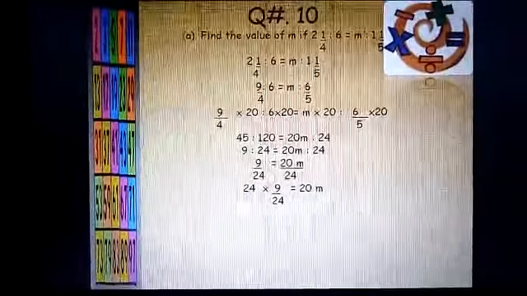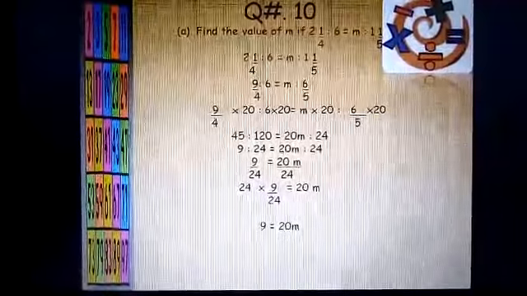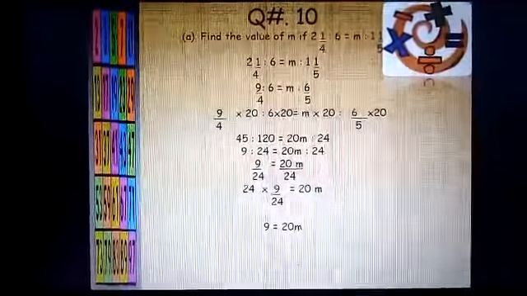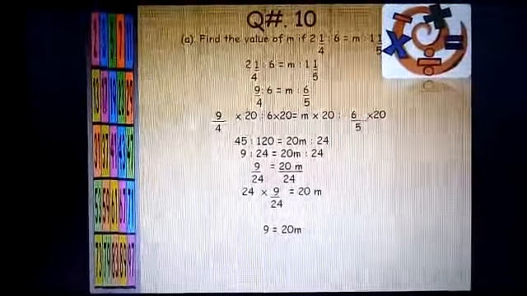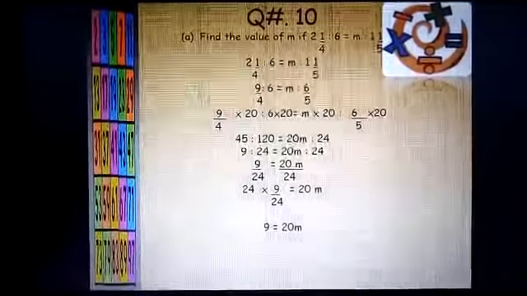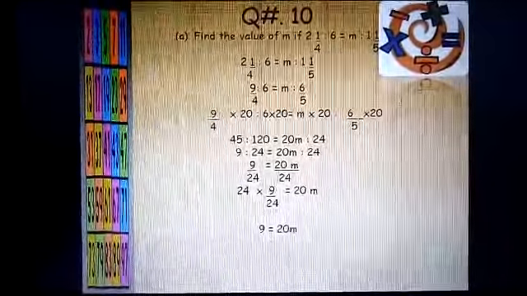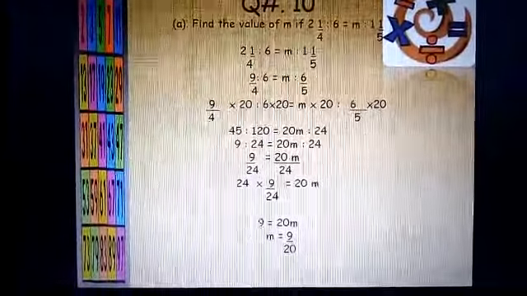So 24 will be cancelled by 24. The remaining value is 9 is equal to 20m. Again we want to make m alone. 9 divided by 20. Why divided? Because 20 is multiplied with m, and this multiplication will be converted to division. m is equal to 9 by 20.